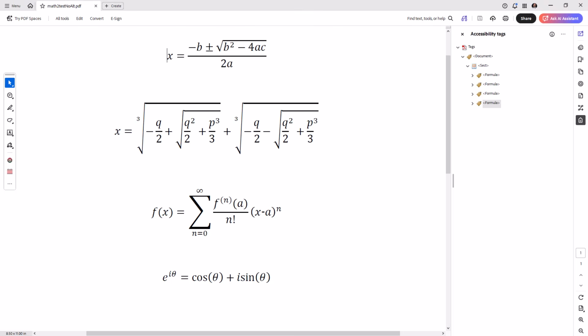Enough talking. So here we've got a PDF with some math formulas, the dreaded quadratic equation. I don't even know what's going on with this middle one, and I'm not sure what these other two are either. But what I can tell you is that all of these are tagged with a formula tag. So we've been working really hard to utilize AI to be able to detect math equations inside a PDF.